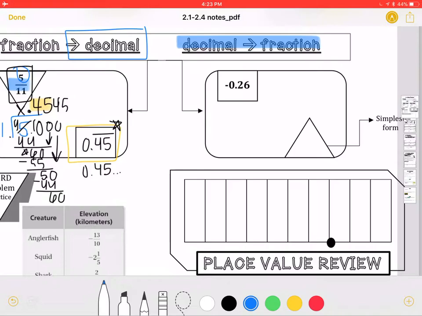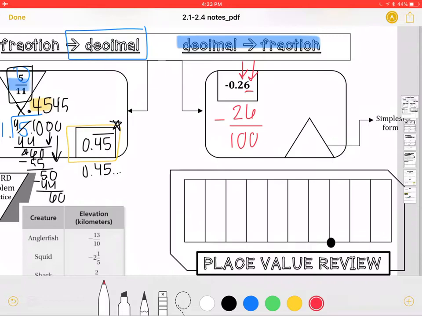To help yourself, you can say it out loud, which is going to help you write it as a fraction, or you would just need to know your place values. You look at the last number and which place value that 6 is in. If we remember, the 2 is in the tenths, the 6 is in the hundredths. So I have negative 26 over 100 since it's in the hundredths place.